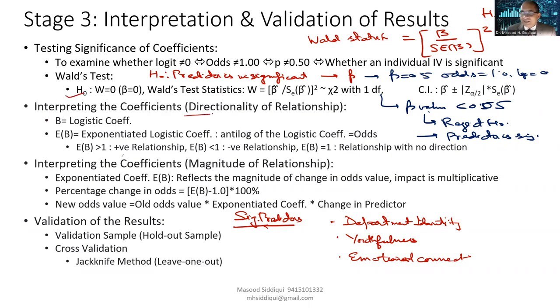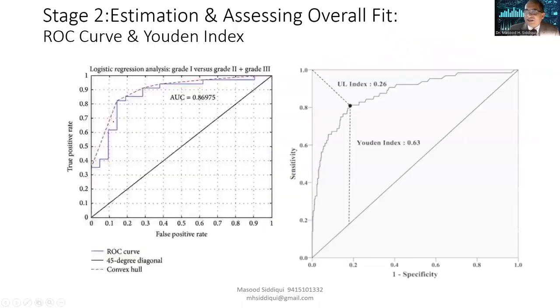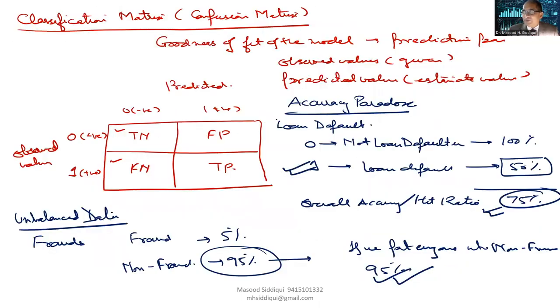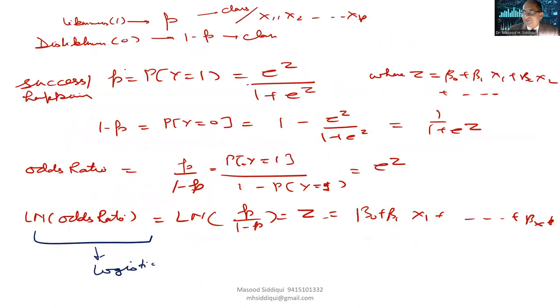Now we consider the directionality of the relationship. Remember the model that we introduced at the start. This is the log of the odds ratio, which equals z, which equals beta 0 plus beta 1 x1 plus beta 2 x2, and so on up to beta 6 x6.